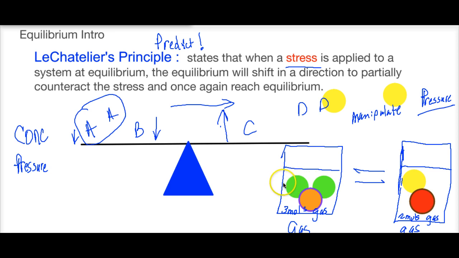The collisions are going to be more frequent simply because the space in which they are moving around is reduced, which increases their opportunity for effective collisions.